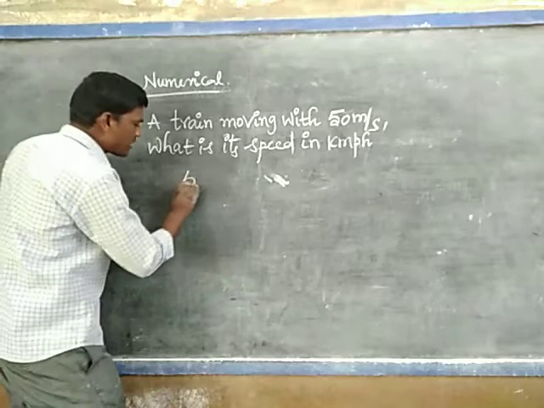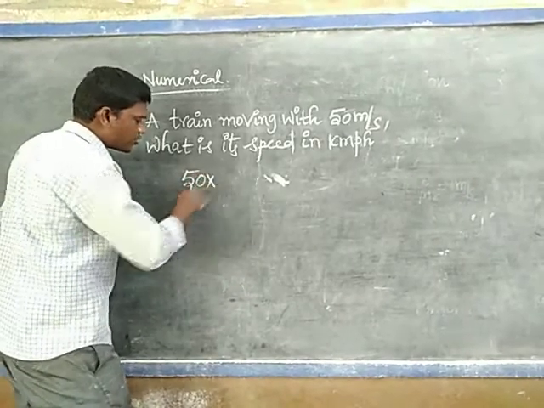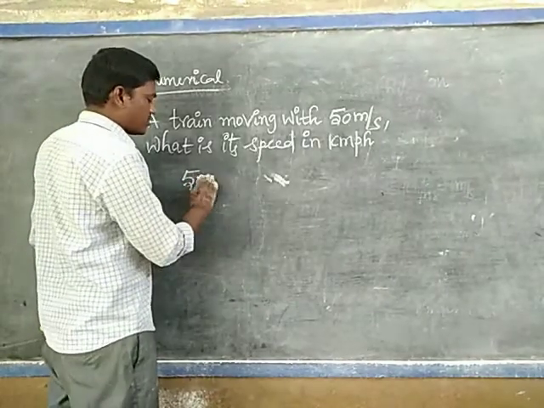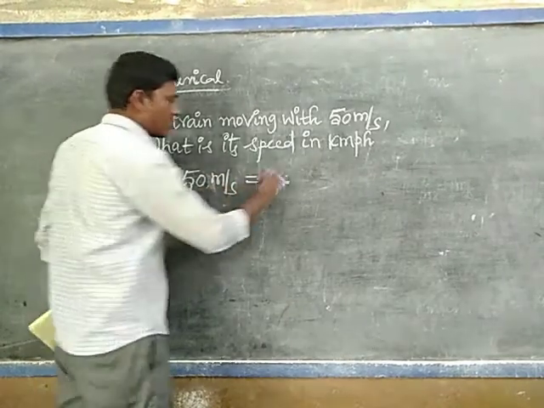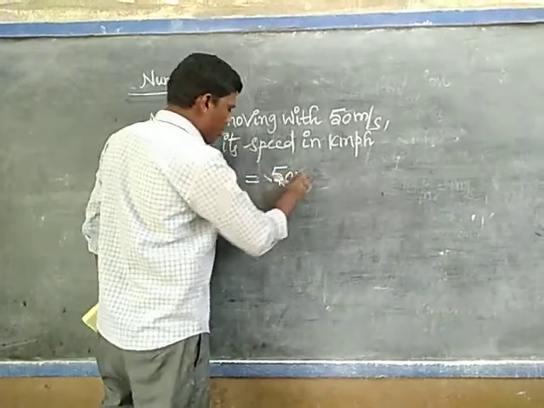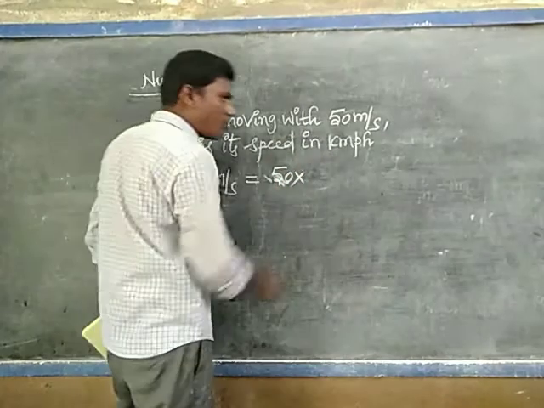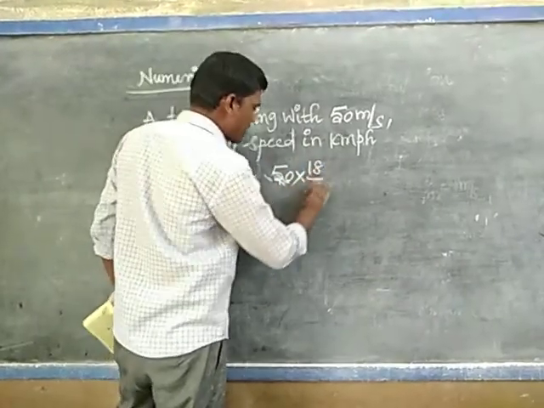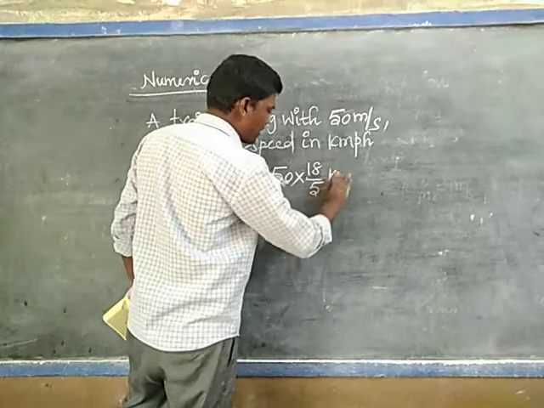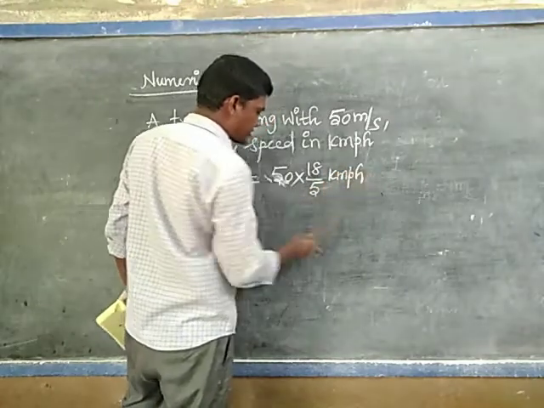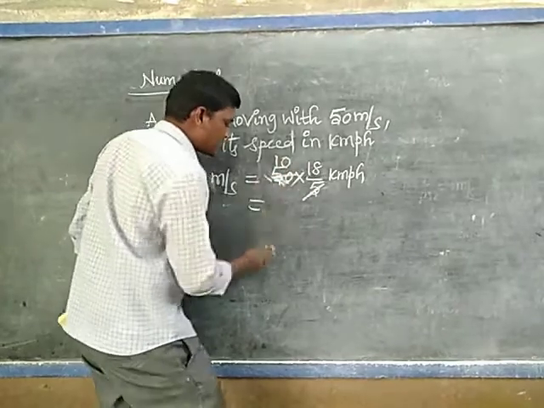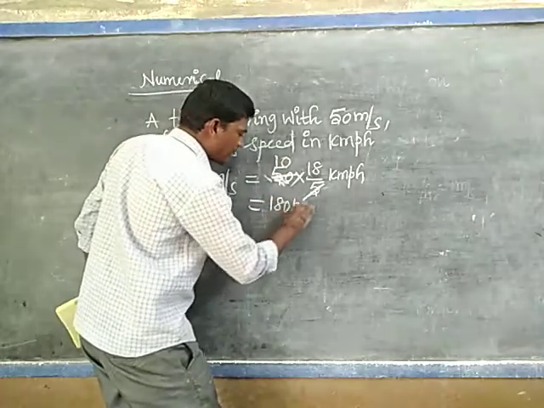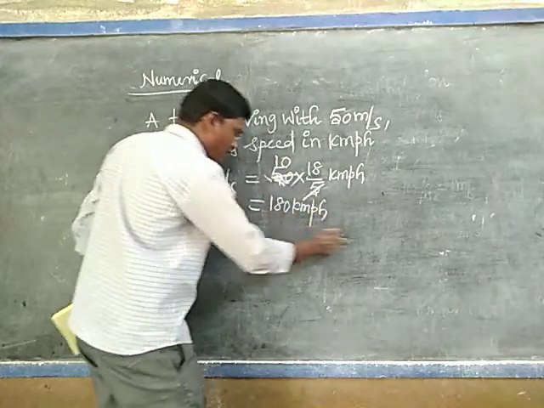What is the value they have given? 50 meters per second is equals to 50 into 1 meter per second, which is how many kilometers per hour? 18 by 5 kilometer per hour. That's right. 5 10s are 50, 10 into 18 is 180 kilometers per hour.